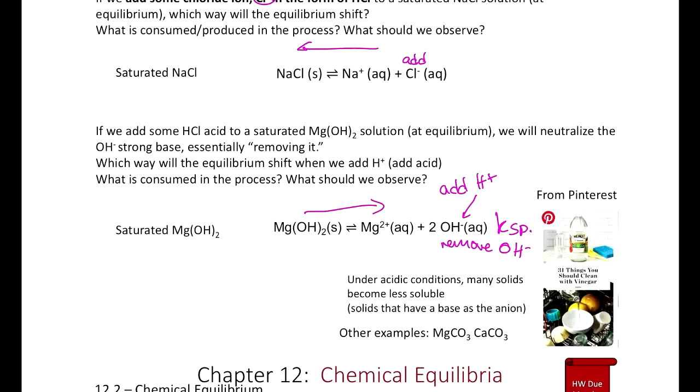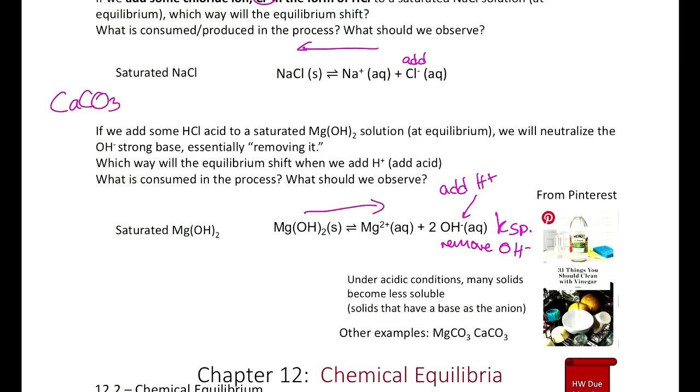Have you ever done the demo where you put an egg in vinegar? You have? What happens to the egg when you soak it in vinegar for a long time? The shell disappears. Okay, the shell is made of calcium carbonate, right? So calcium carbonate is a base.